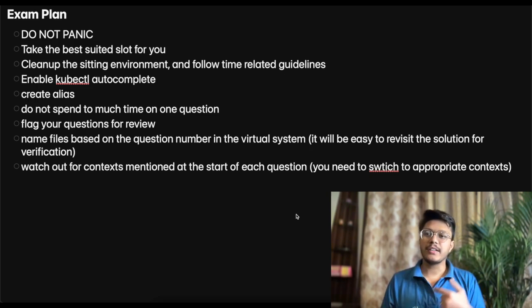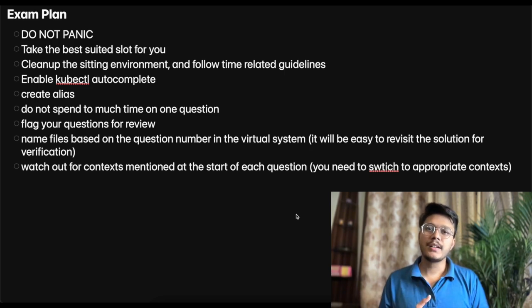First of all, enable the autocomplete command and create the aliases which are required or which you are comfortable with. kubectl autocomplete is already enabled nowadays in the exam environment, and the basic aliases are also there. But if you want any more aliases, for dry run or for listing pods, etc., you can have your own as well. But do not spend too much time, only 2 to 3 minutes to create them after you start the exam.